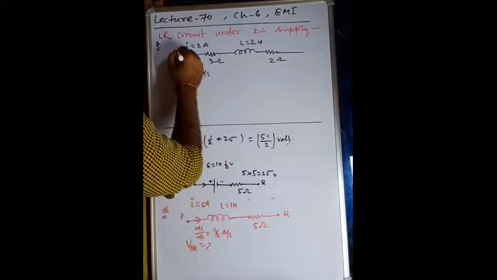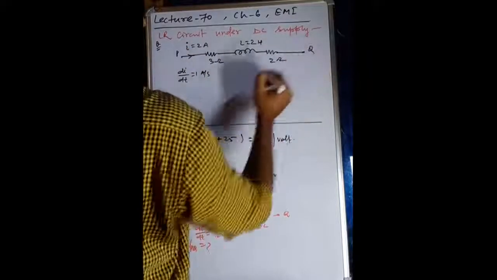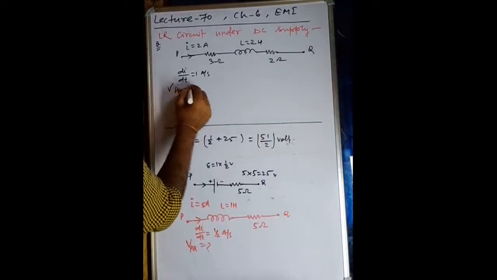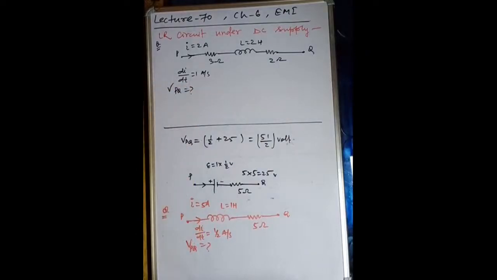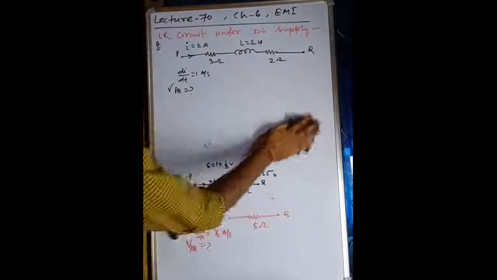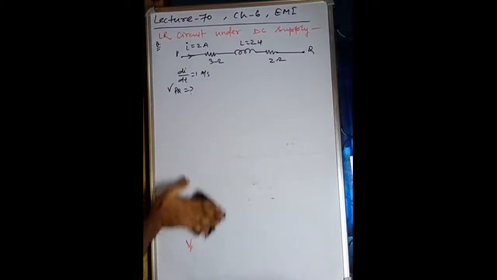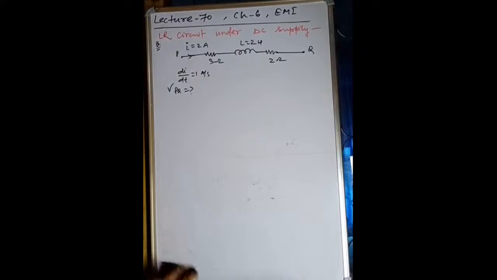This is the point P, this is the point Q. Now you have to find VPQ. What will be the potential between these 2 points? Try to solve by yourself, my dear students. After that I will solve, and then you will check whether you have solved correctly or not. First, try to give the polarity to the inductor.